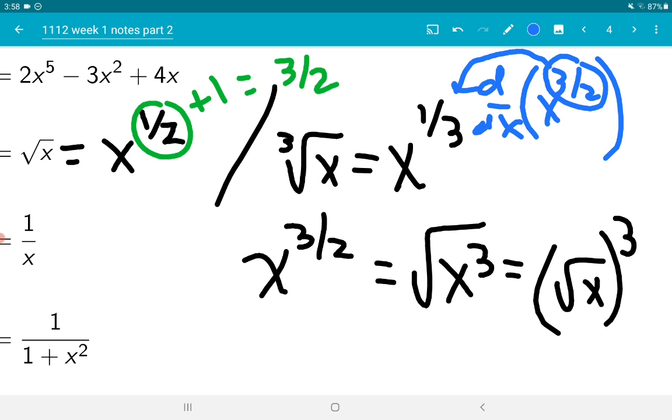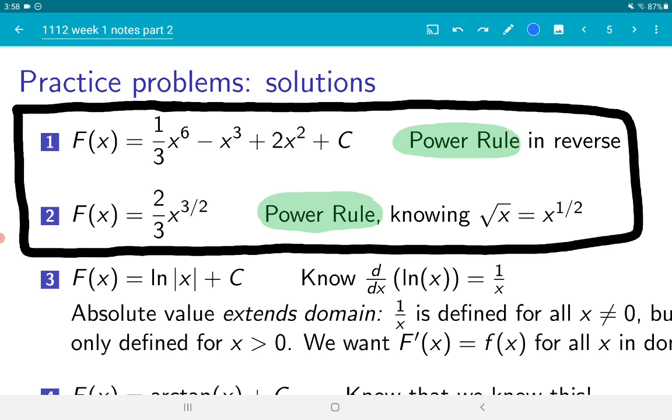And so I would get a 3/2 out in front. And then it would decrease down by 1, and it would give me the 1/2. But that 3/2 dropping down in front is why in my answer I have the reciprocal of that, the 2/3, to kind of cancel out the 3/2 that's going to fall down.